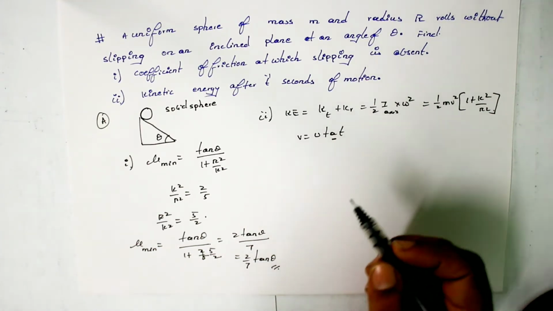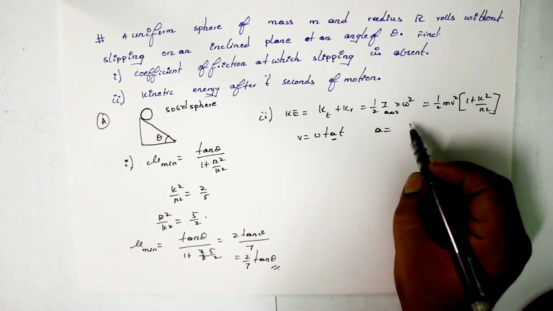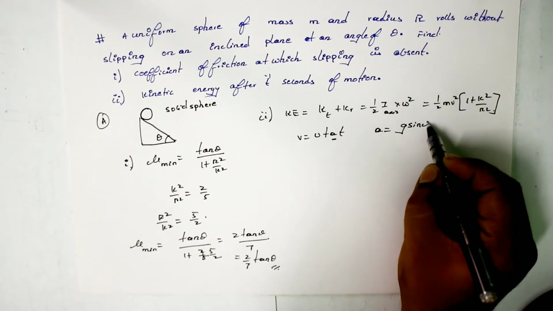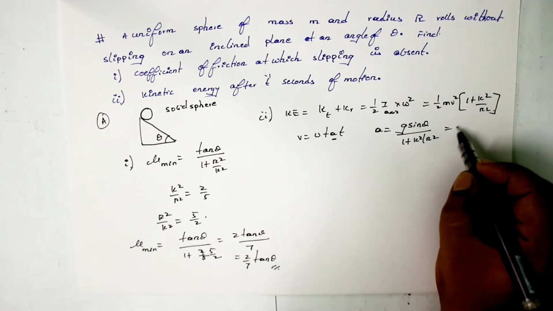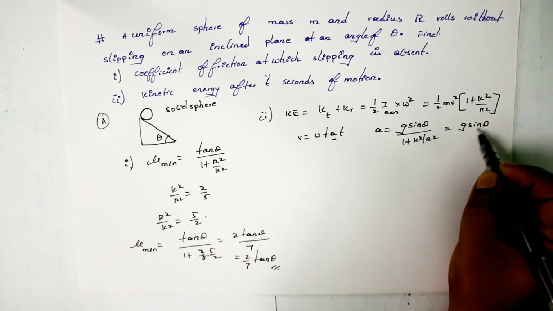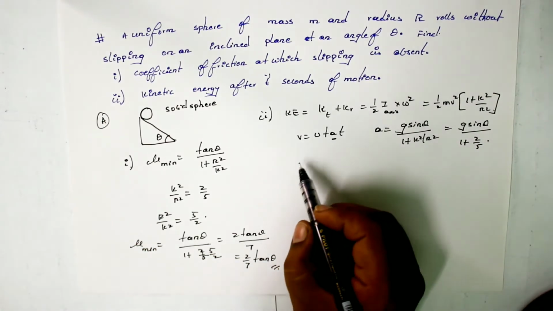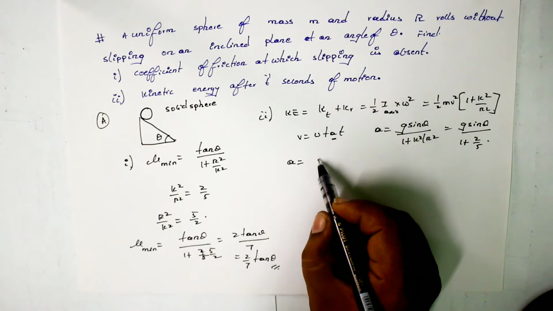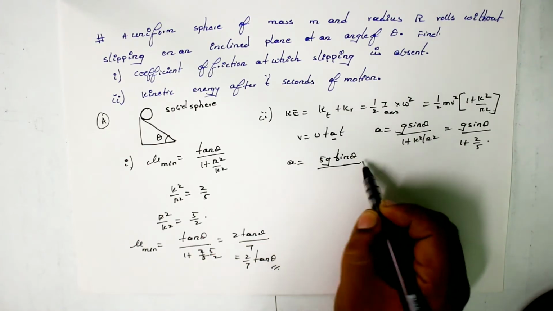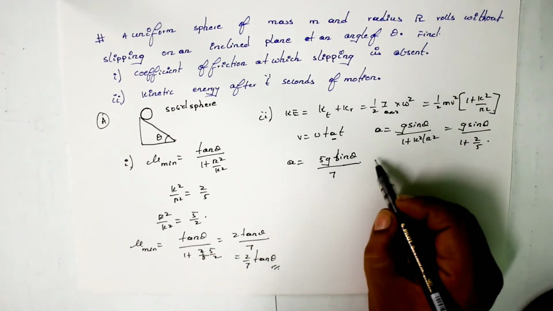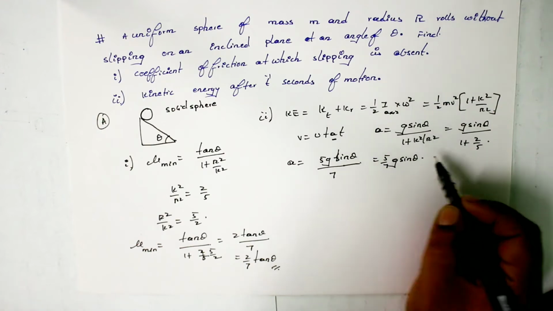For this I need to calculate the acceleration, and the equation of acceleration we have already derived, which is g sin theta divided by 1 plus k square divided by r square. For a solid sphere k square by r square is 2 by 5, so a is equal to 5g sin theta divided by 7. So 5 by 7 g sin theta is the equation for acceleration.